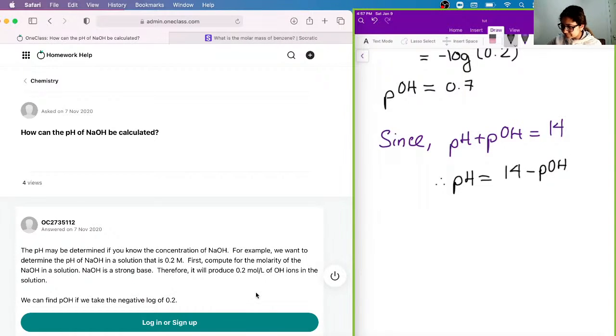So pH is equal to 14 minus 0.7, which is equal to 13.3.